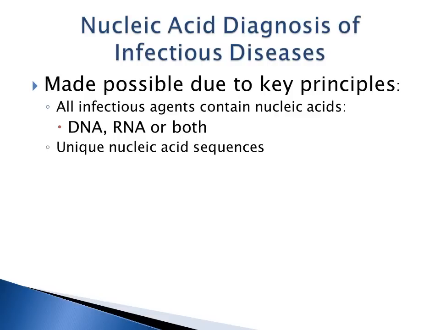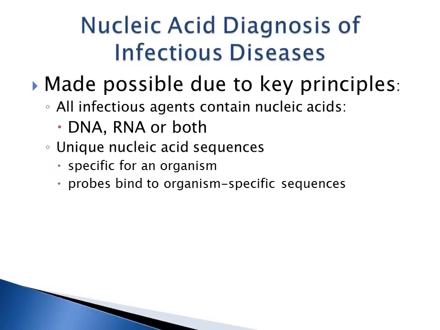Also, different organisms have unique nucleic acid sequences, and you can use these unique sequences to identify what organism you may be looking at. You can also use these unique sequences to make probes, and we will talk about this technique later in the course. But you can really use these unique sequences to generate assays to diagnose infectious agents.